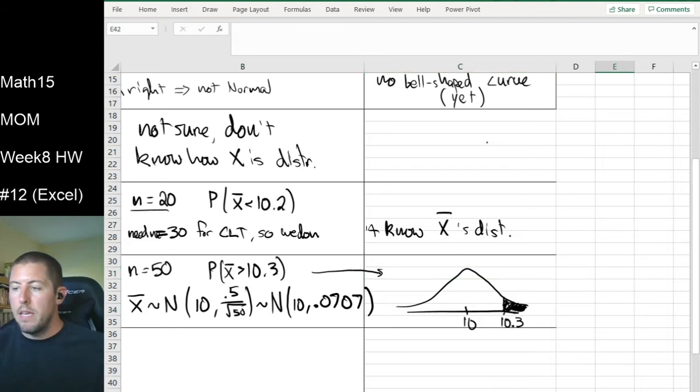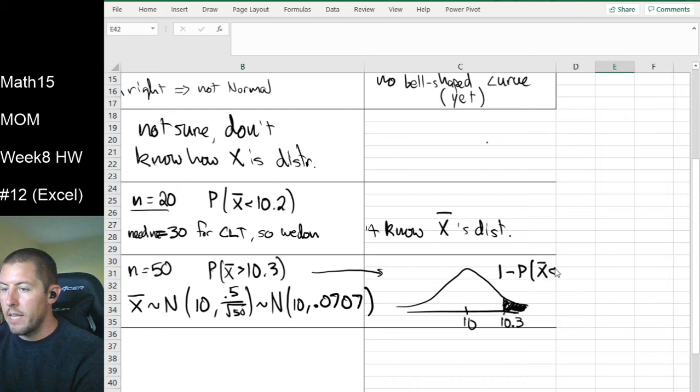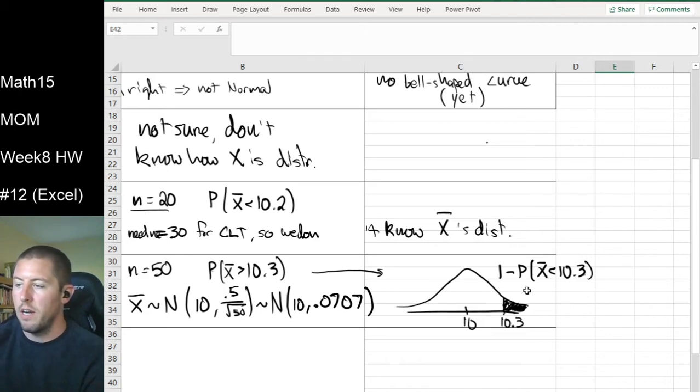So I know that I need to flip my probability statement around. I know that Excel only does our less than statements here. So what I really want to rephrase this as is 1 minus the probability that X bar is less than 10.3. That will say start with all the area, everything shaded, but then chop off all the unshaded stuff to the left, and that will leave us with the shaded region here to the right.